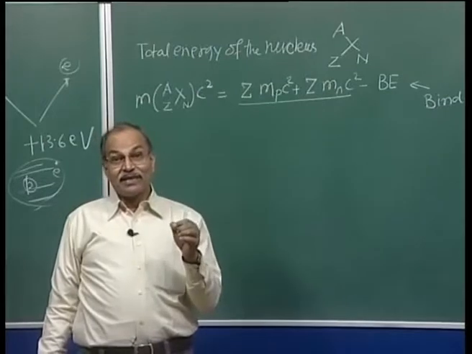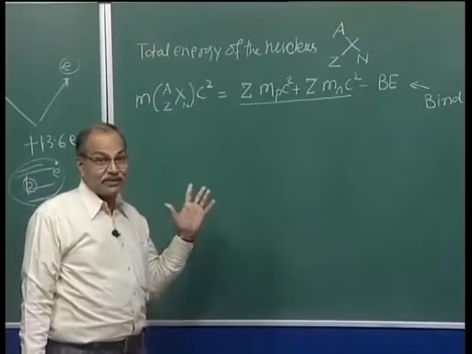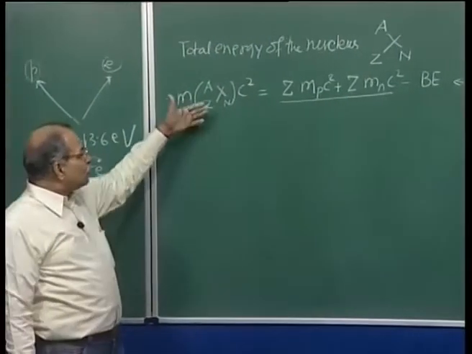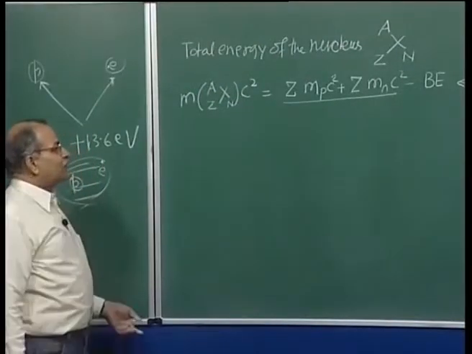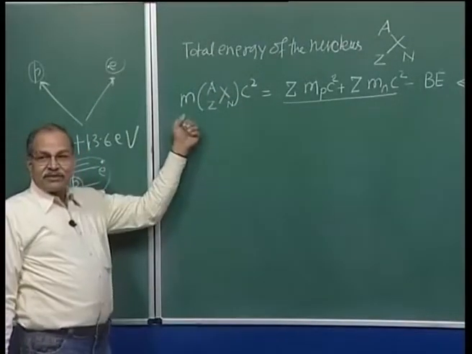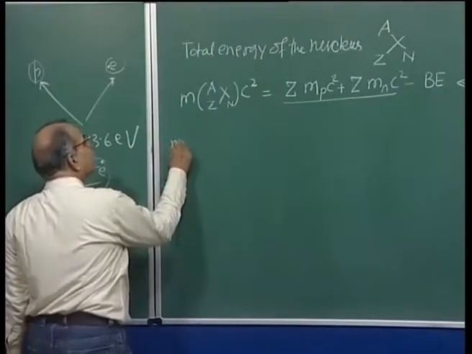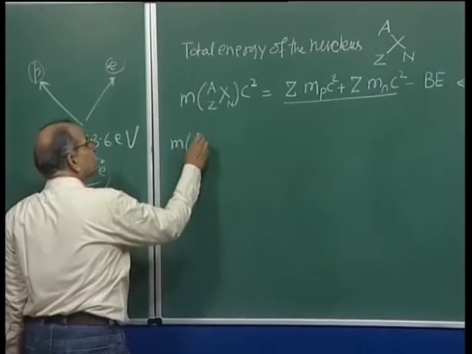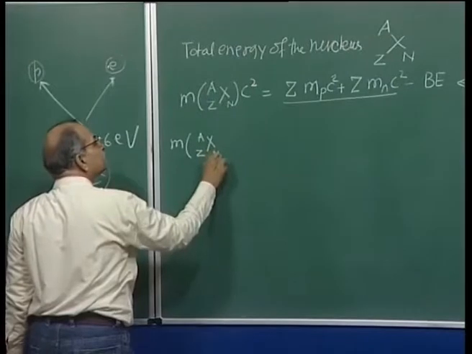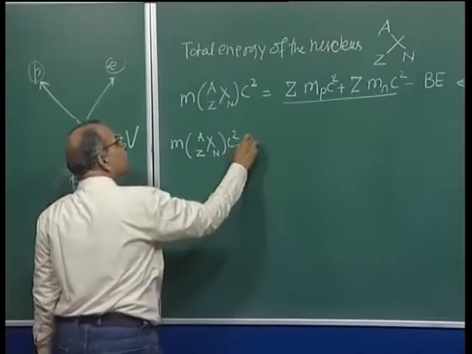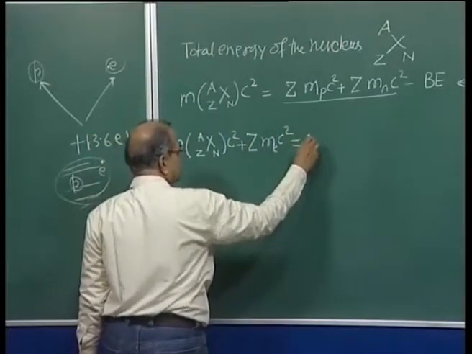So, atomic masses are very accurately measured and tabulated, right, in place of nuclear masses. So, how do I relate the two? It turns out to be very simple. If you add Z electron rest mass energy on both sides, what will you have? You will have mass of this nucleus plus, let me add Z times m_e c square on both sides.